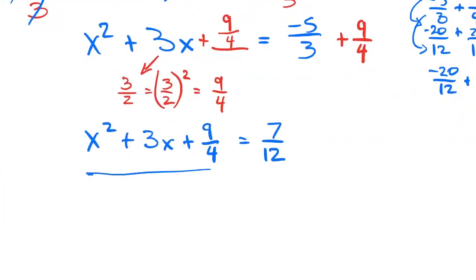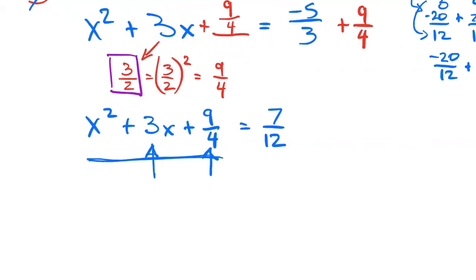Now, this should factor. You'll be looking for two numbers that multiply together to give 9/4, but add together to give 3. But the beauty is that we already know what that number is. That number is whatever this is right here. Right before you square it, whatever you took that b term and divided by 2, that's exactly what this is going to be.